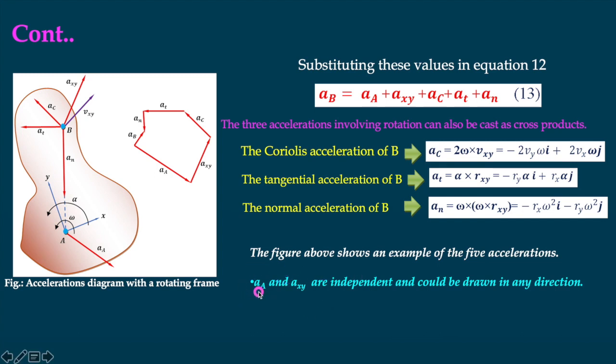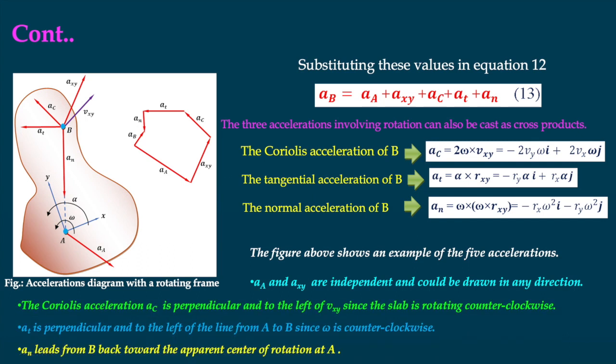For AA and AXY, and the rest of the directions that I already told you, it is perpendicular to this one. So in this way we can draw the acceleration diagram of the five-term acceleration equation, and this is the Coriolis component.